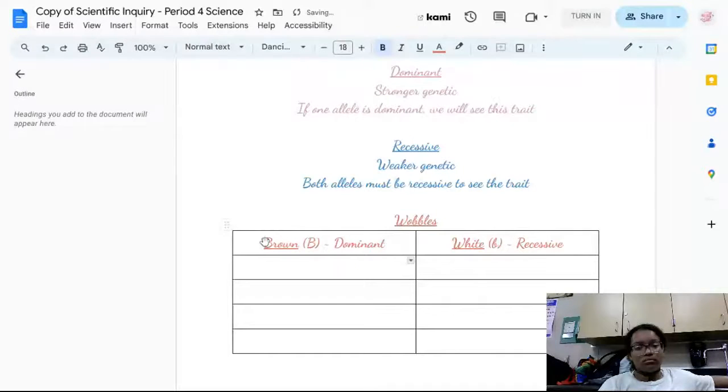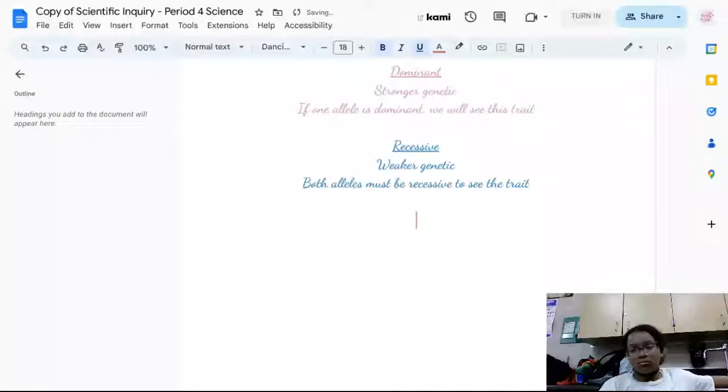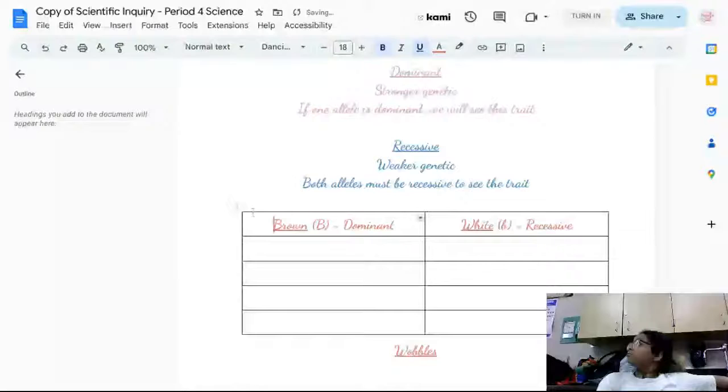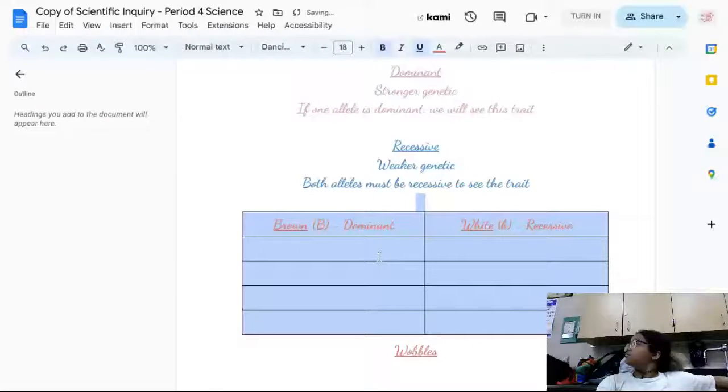Capital B, capital B. All four boxes are going to show brown fur.